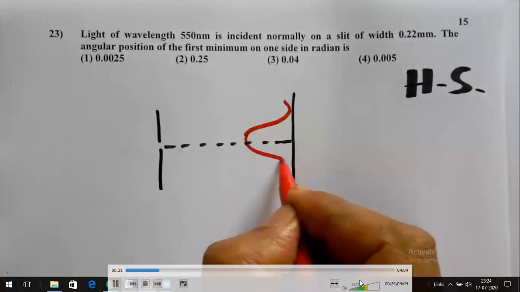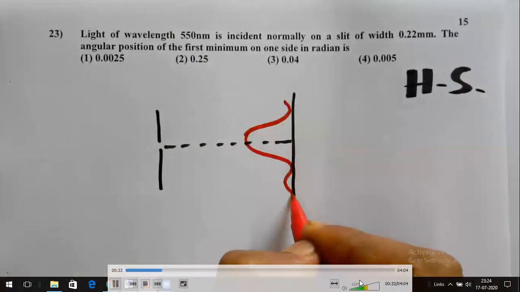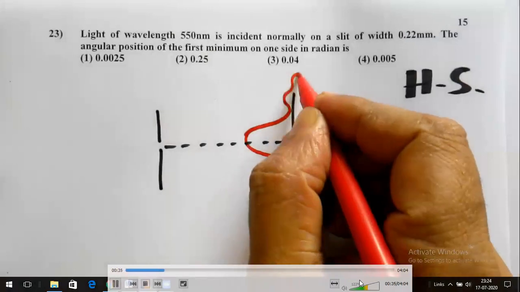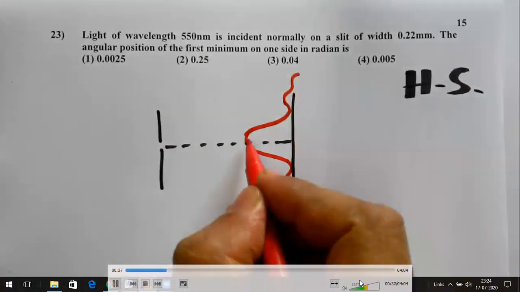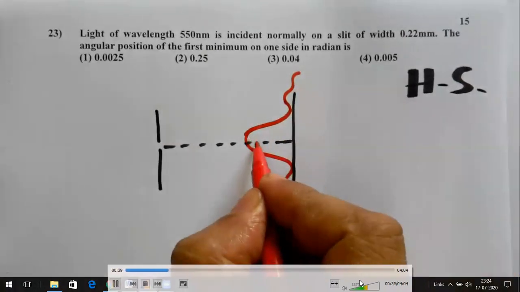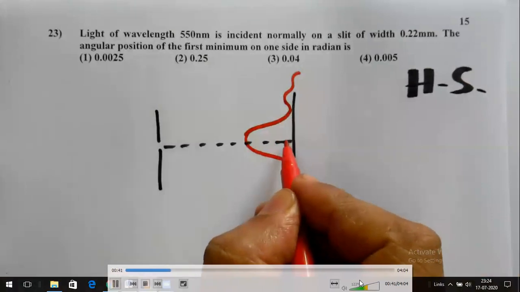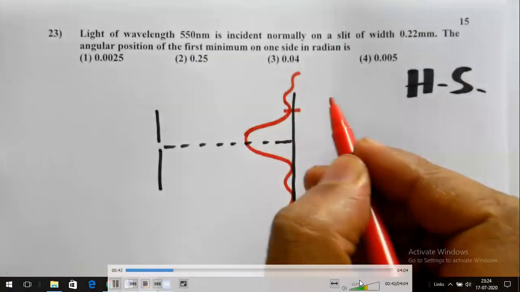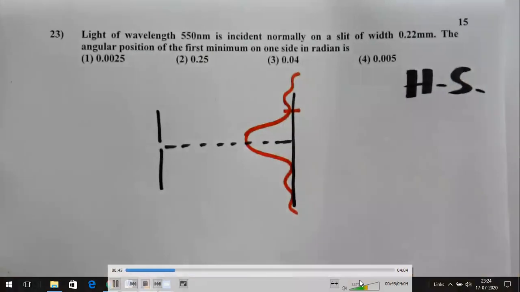If the brightness decreases, we get a minimum and maximum like this. So these are all secondary maxima, and this is the central maximum. And at the center of the central maximum, brightness will be highest. And here we will have minima, that is the dark fringe.